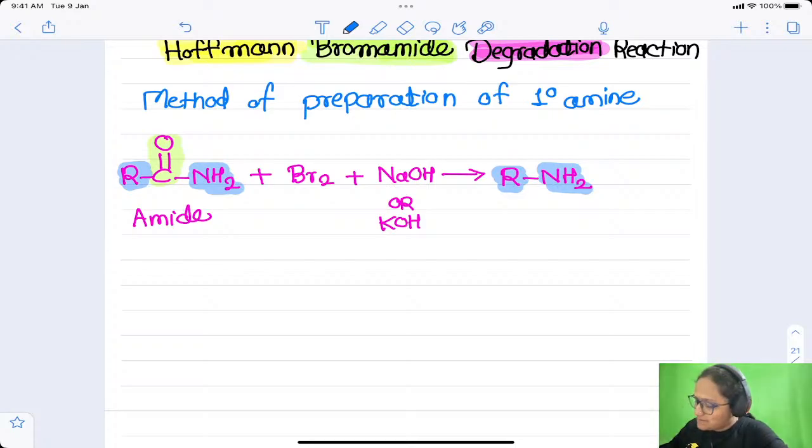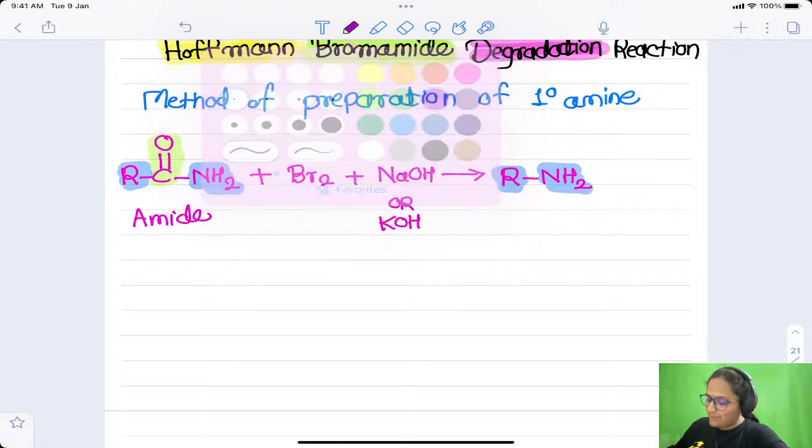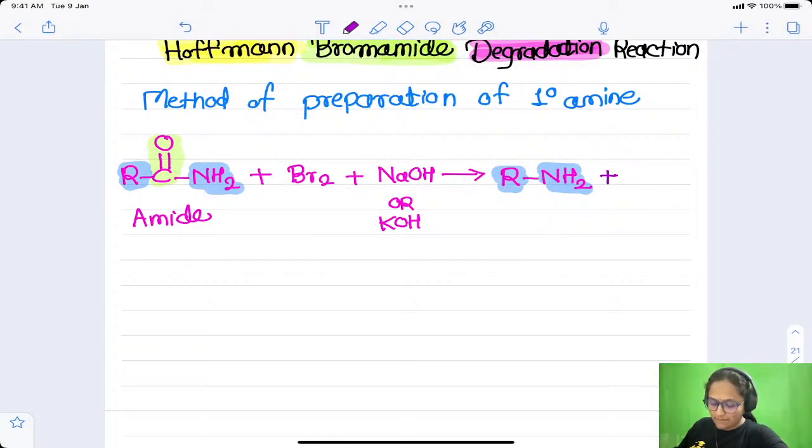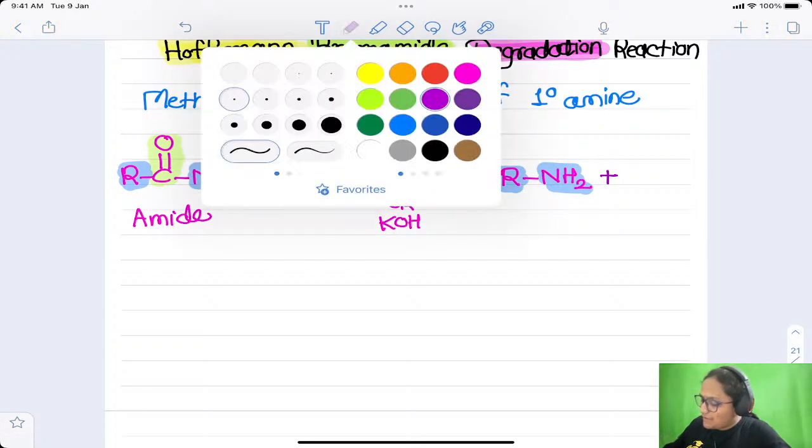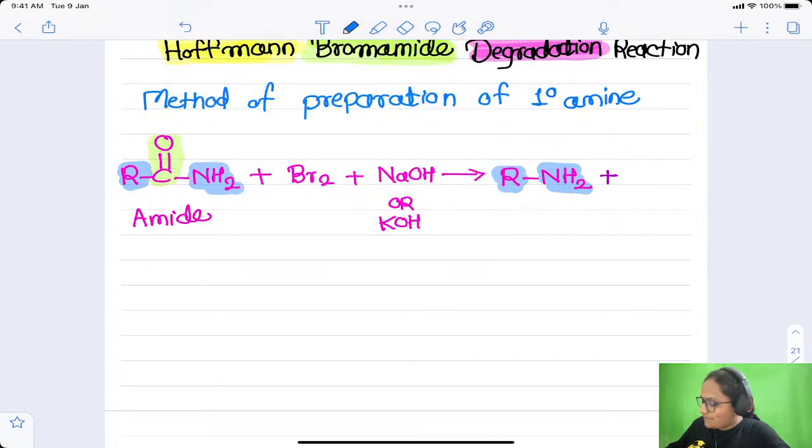Apart from this, this reaction also gives some byproducts. If you are using NaOH, it will be Na2CO3. If you are using KOH, it will be K2CO3. It depends on what base is used in the reaction. RNH2 is the primary amine, which is the main product of this reaction.